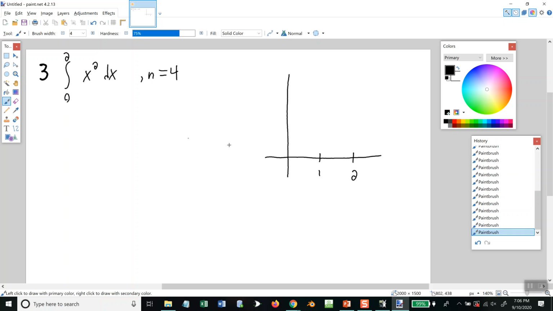Now, if I were to graph this, at least the part from 0 to 2, if I put 0 in for x, x squared gives me 0. If I put 1 in for x, that gives me 1 squared or 1. If I put 2 in, 2 squared is 4.